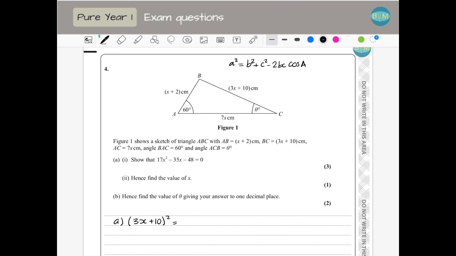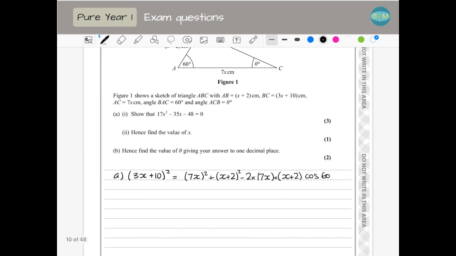b squared is 7x squared, and the other side is x plus 2 squared, minus 2 times b is 7x, c is x plus 2, and then cos 16. Cos 16 is 1/2, so we can cancel this 1/2 with these 2, and then we are just going to expand the brackets now.